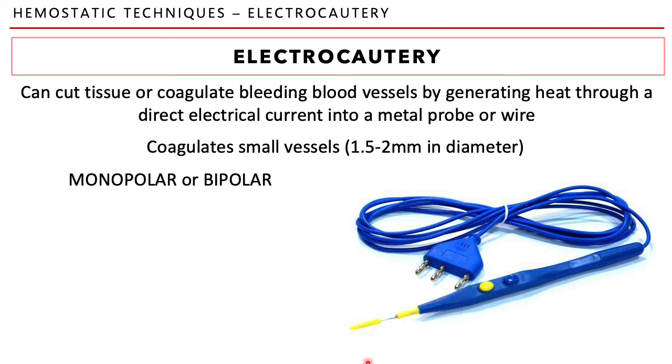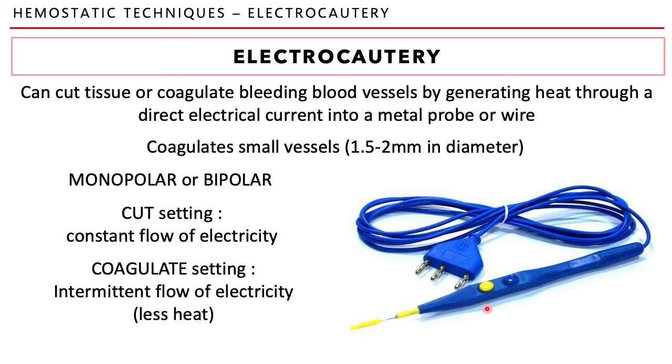Okay? You can have a bipolar which is shaped like a thumb forceps, wherein the two ends of the forceps have electricity. The cut setting, so that it can cut, there's usually a constant flow of electricity. Like a laser. It works like a laser. The coagulate setting, when you just want to arrest bleeding blood vessels, the flow of electricity is stop and go.